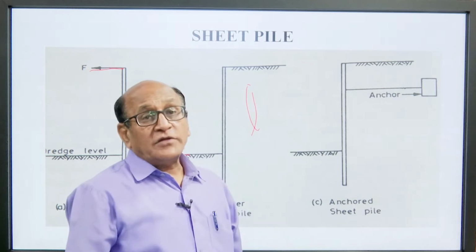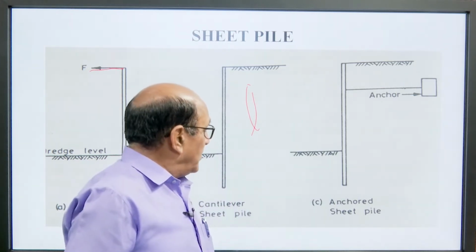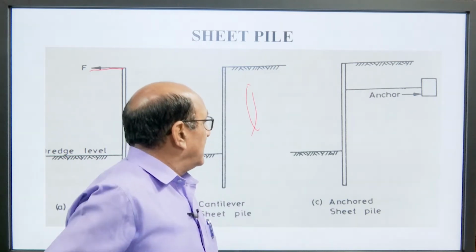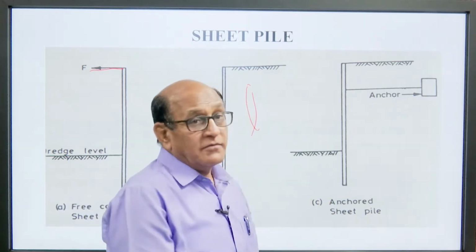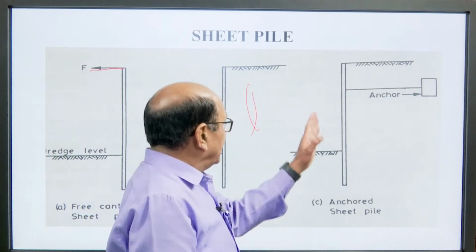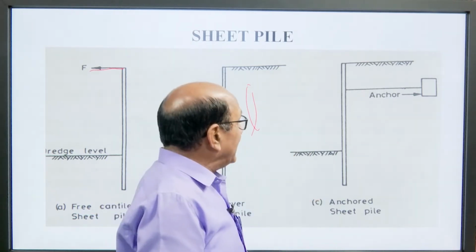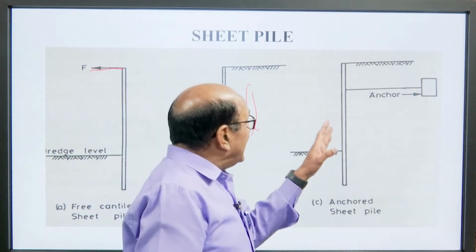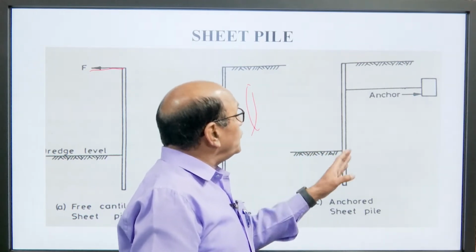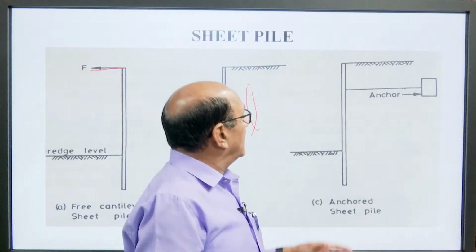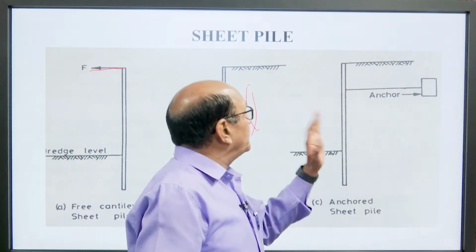Now, for better workmanship, an anchored sheet pile is used. This is the dredge line, the pile is sunk below the dredge line and they are used to protect backfill from the pile.